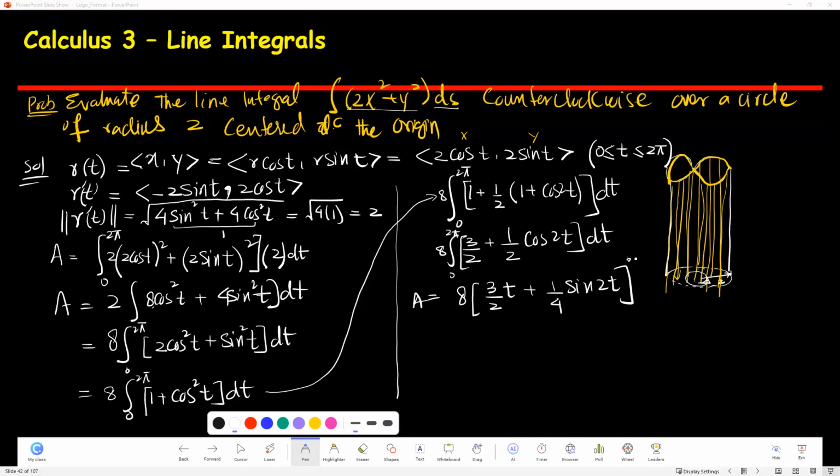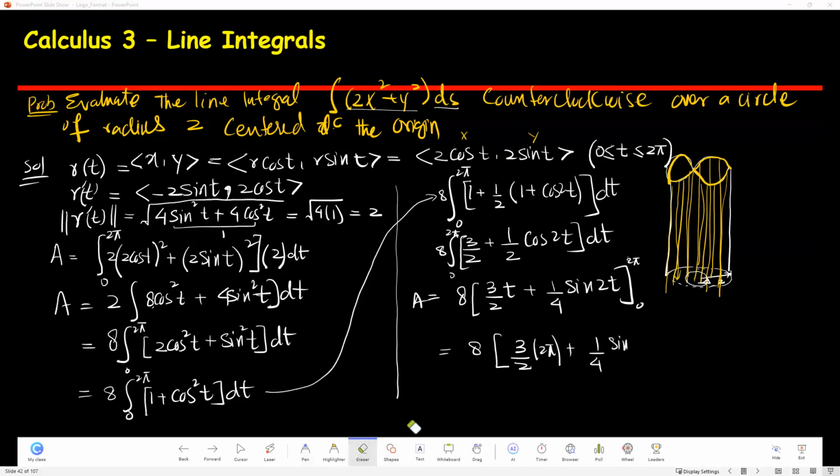Let's substitute the value and see what's going to happen. 8 times 3 over 2, and then 2 pi plus 1 over 4 sine 2 pi, then minus, if I substitute t equals 0, this becomes 0 plus sine 0. Sine 2 times 0 is going to be 0, so everything is 0.